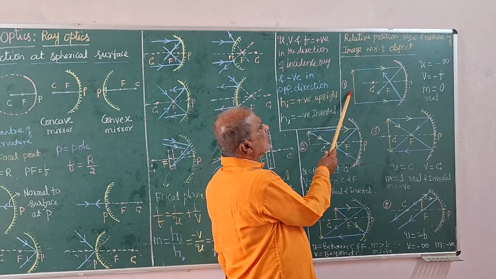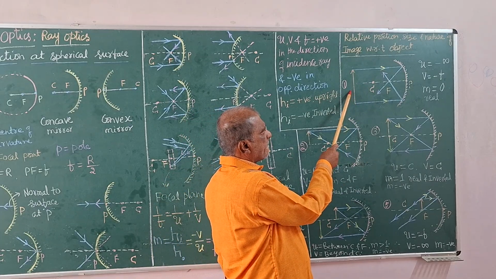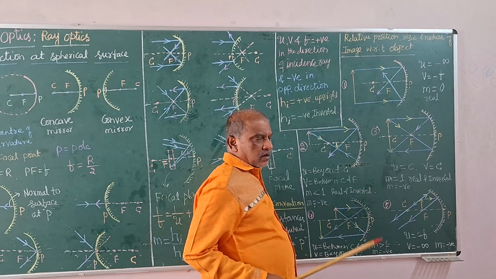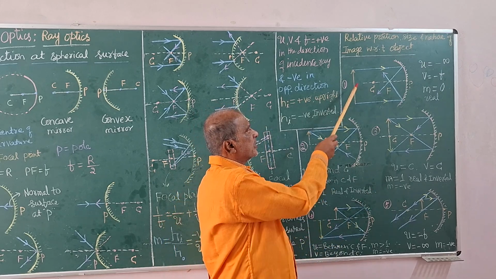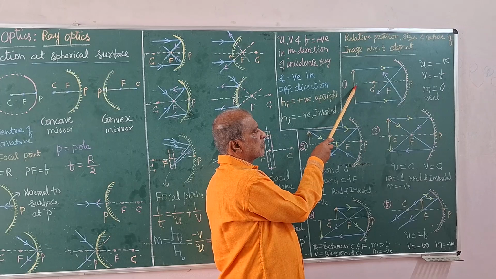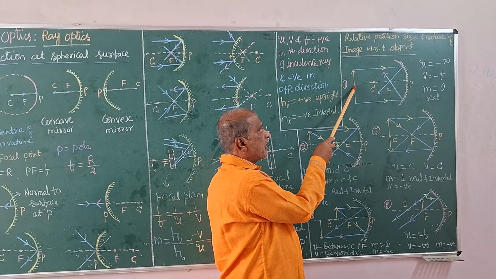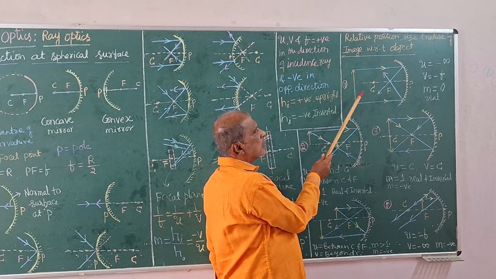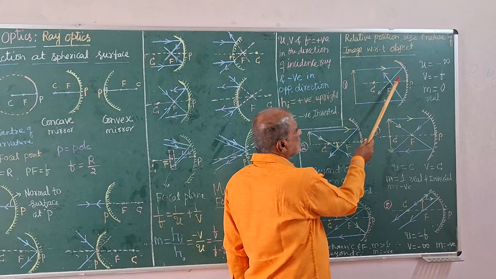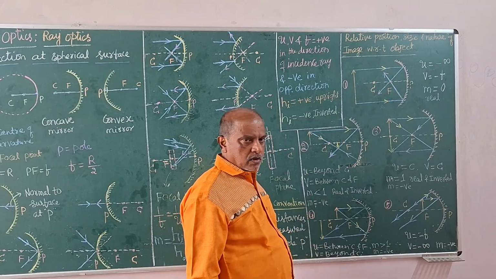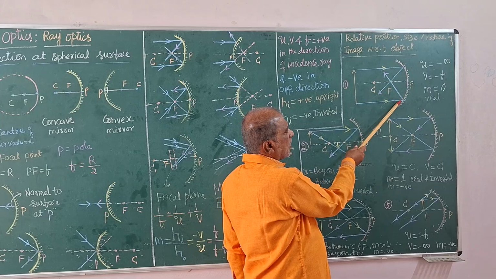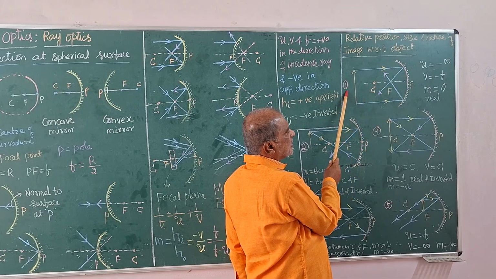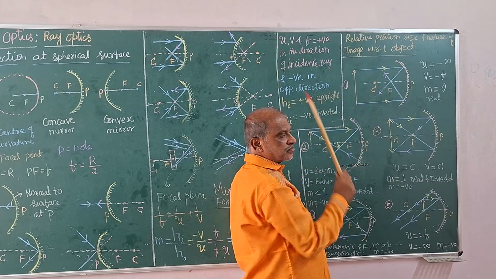When the light falls on the object, the light is reflected from the object, and those rays move towards the mirror. Those rays near this mirror are coming from the infinite distance.